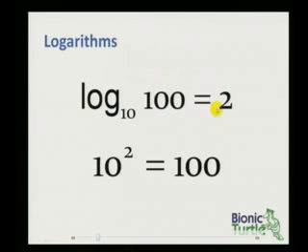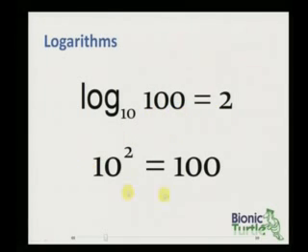Well, that helps to explain why the answer here is 2. 2 is the answer of this logarithmic function because 2 is what we need to raise the base, in this case 10, to the power. So 10 raised to what power? Well, the power 2 in order to get 100. So the base raised to the second power gets us the x value.